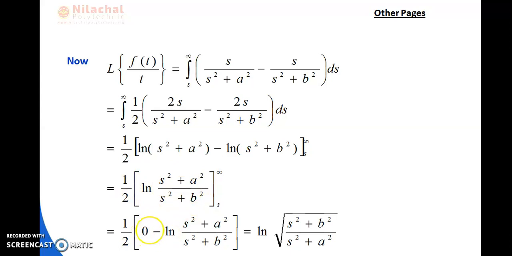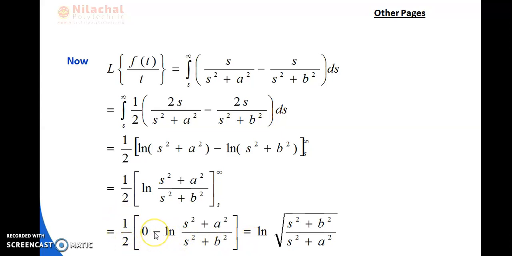Then minus we apply the lower limit, that is s. So in place of s we apply, the same thing happens, ln (s square plus a square) by (s square plus b square). So that equals 0 minus, means only minus into 1 by 2.